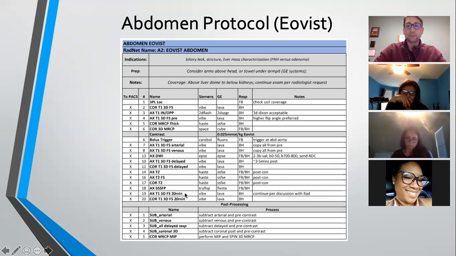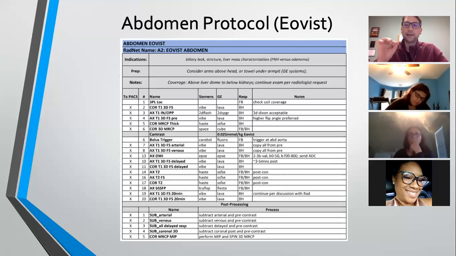Sometimes you have to continuously scan for like an hour, just because it takes a little bit longer for that contrast to drain through the biliary tree. But just know Eovist is a hepatobiliary contrast agent. It is not going to be eliminated from the kidneys. It's going to be eliminated from the liver and the biliary ducts.